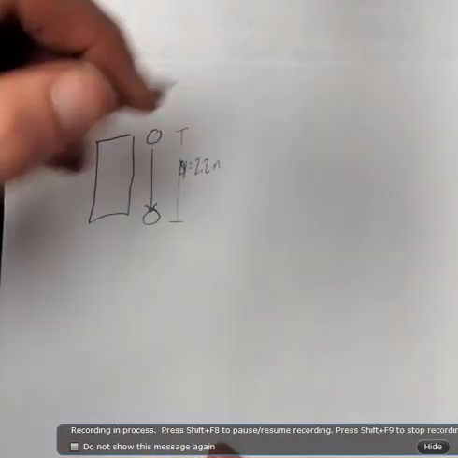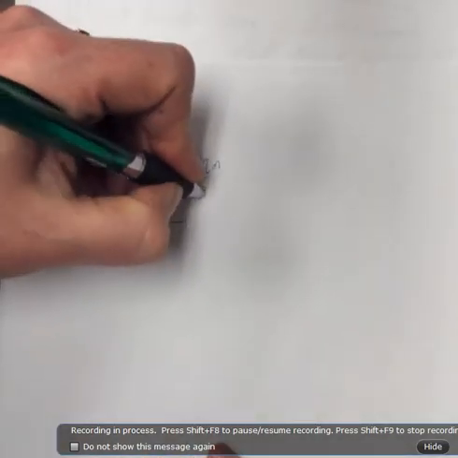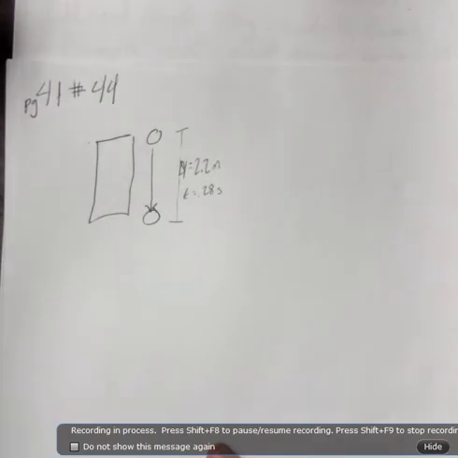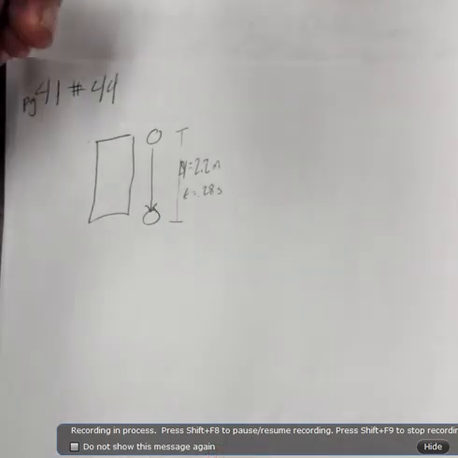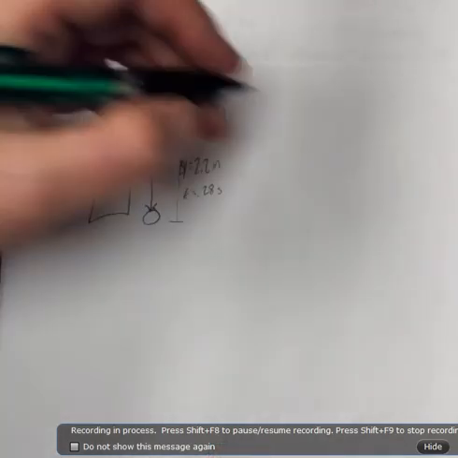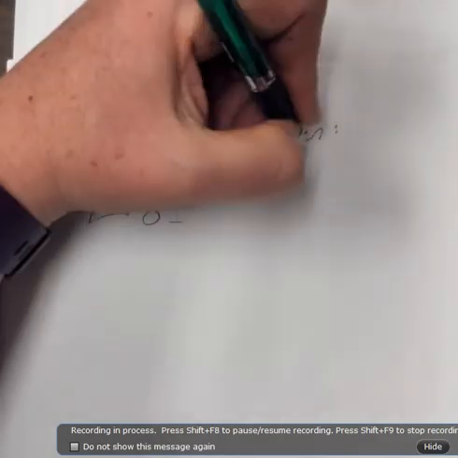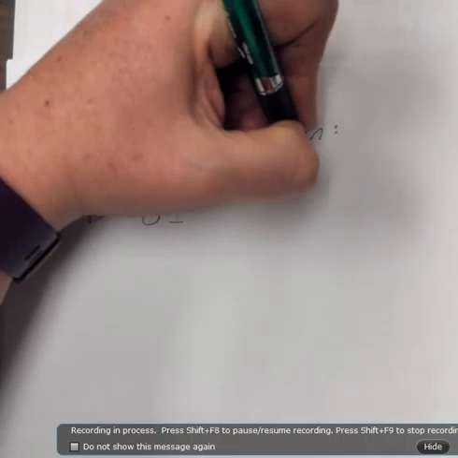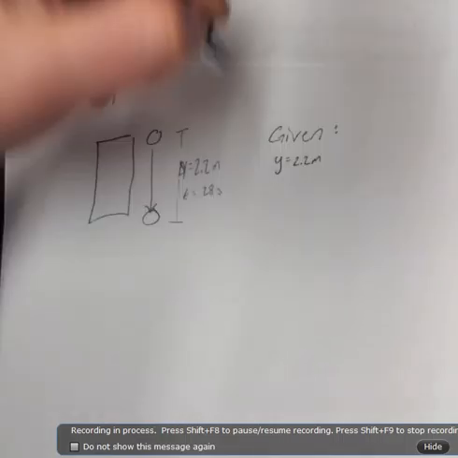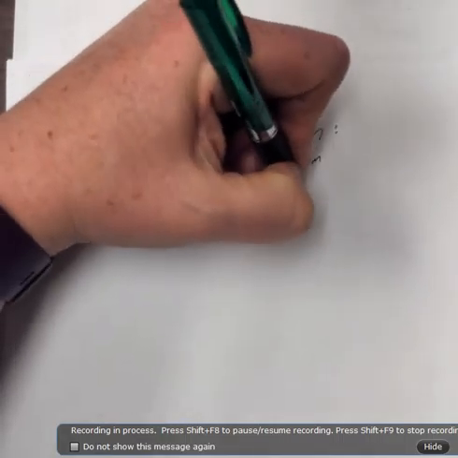And the time that it takes is 0.28 seconds. So a few things that we need to consider in this situation is that we are given that your delta y is 2.2 meters and that your time is 0.28 seconds.